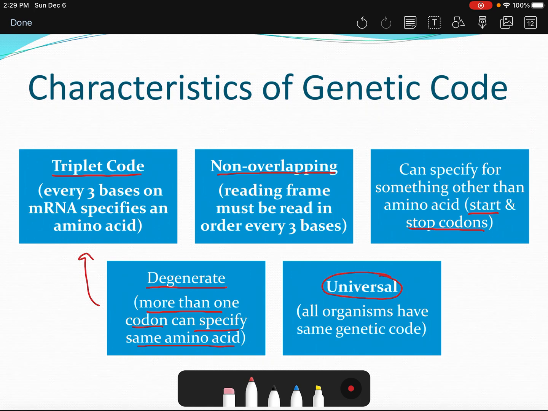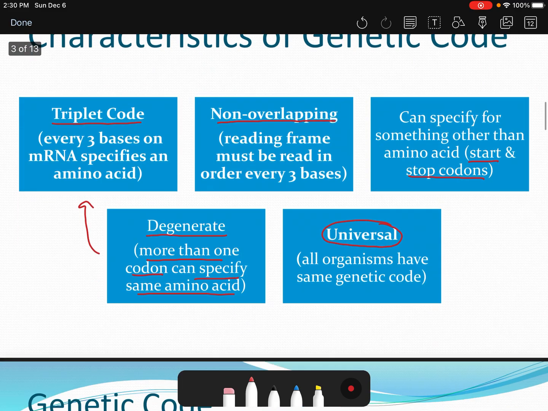And that really is important because it allows us to do genetic engineering where we can take the DNA from one organism that codes for a trait and insert it into another organism. So kind of interesting, and there's a lot of applications with it because it's universal.